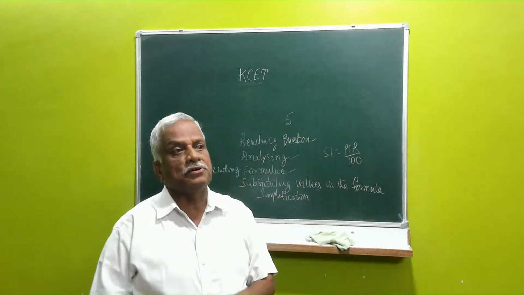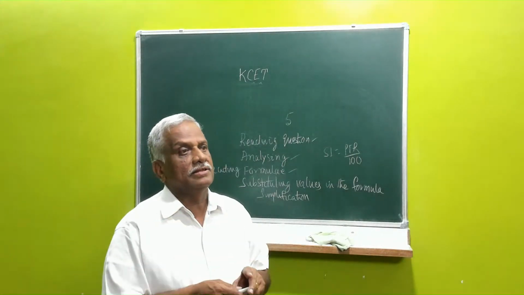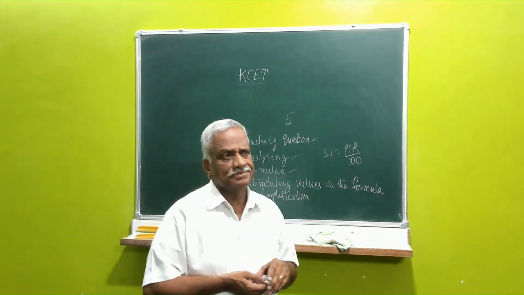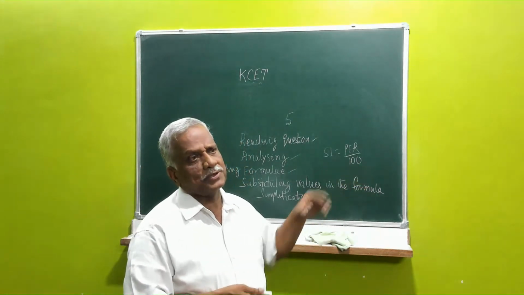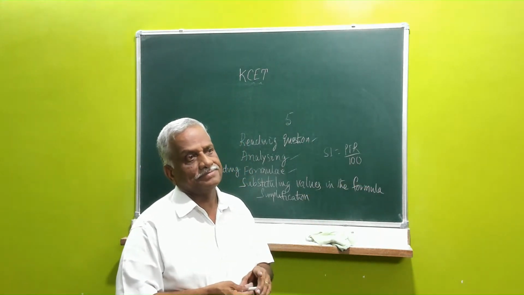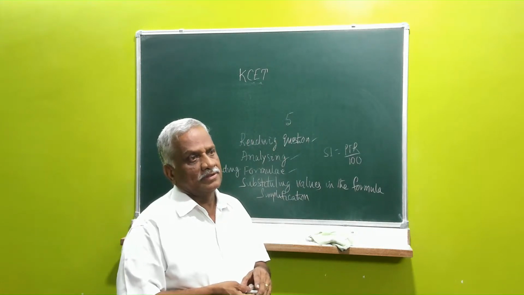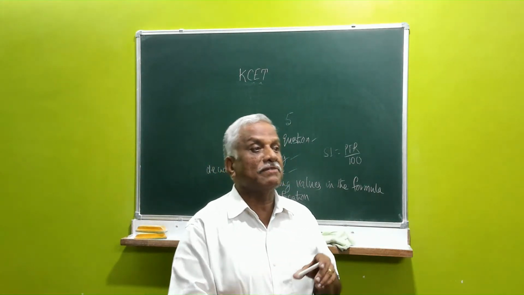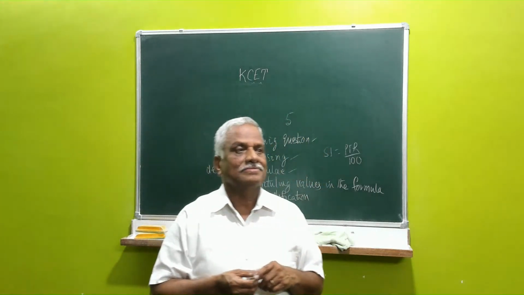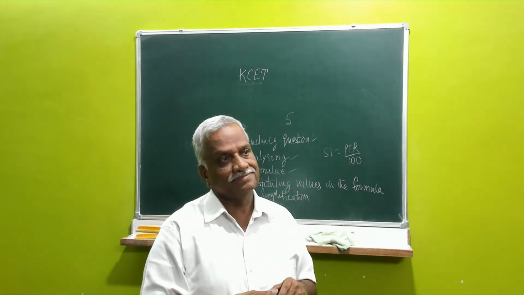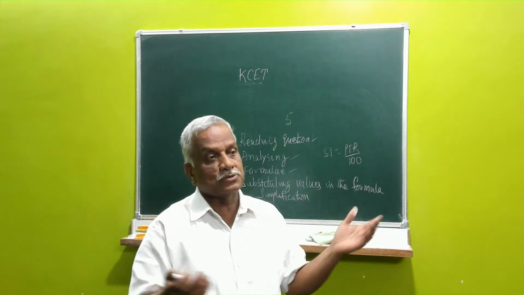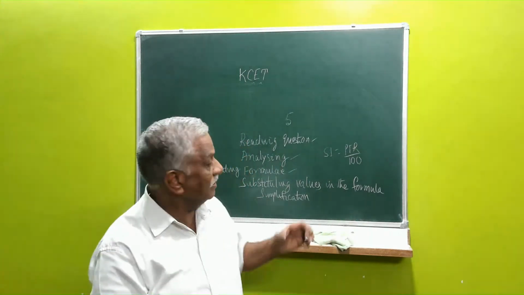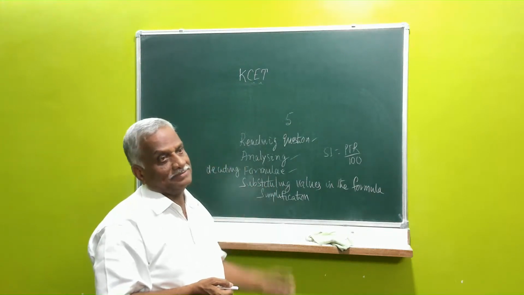They have asked you to find simple interest for a particular principal for a period, the term is also given. So you have to just substitute the values and get it. Sometimes, instead of asking you to find simple interest, they would have given simple interest. They may ask you to find the principal. There, students go wrong in putting the values. You have to be very careful to put the values in the formula.